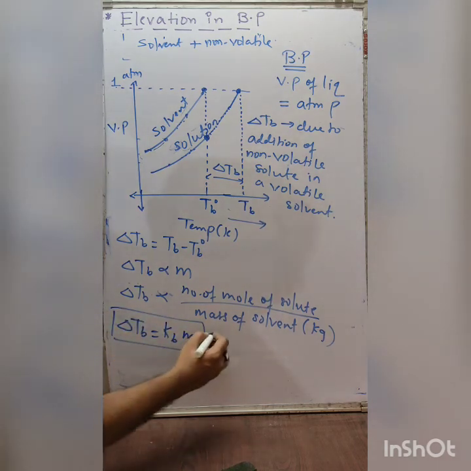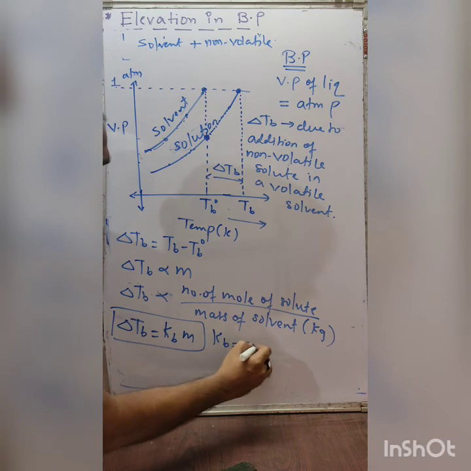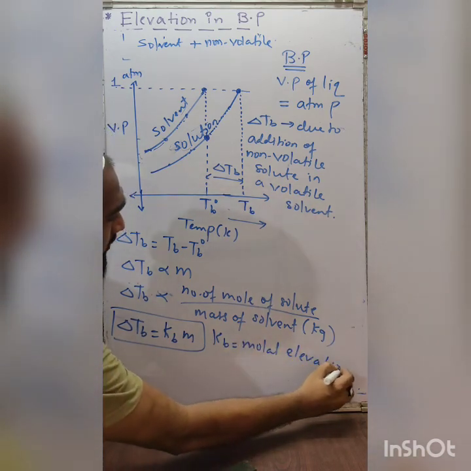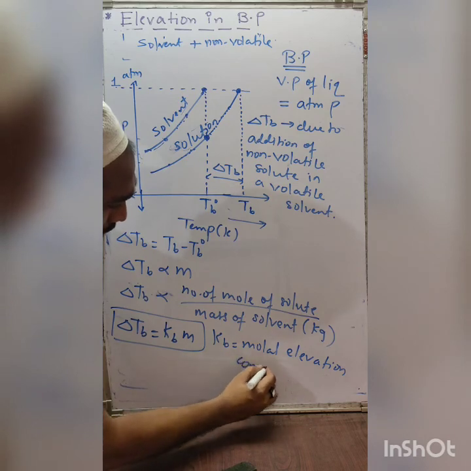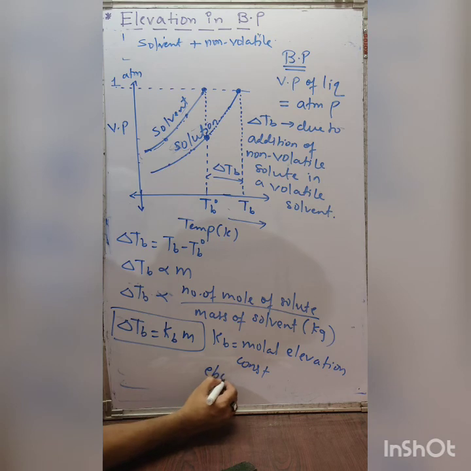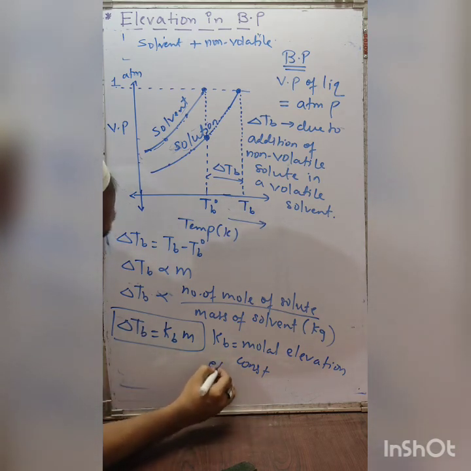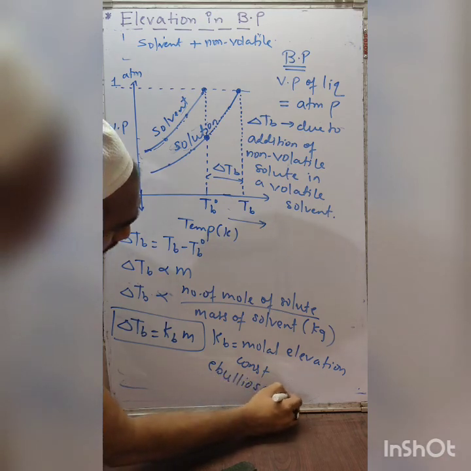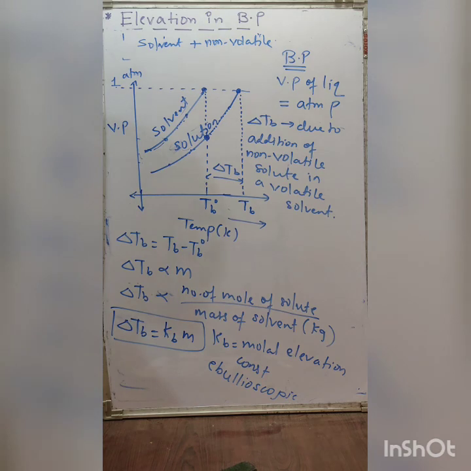Kb is called the molar elevation constant, or the ebullioscopic constant. It is also called the ebullioscopic constant.